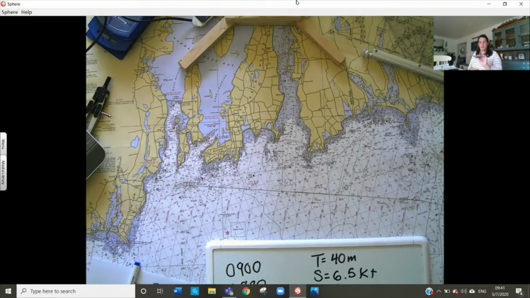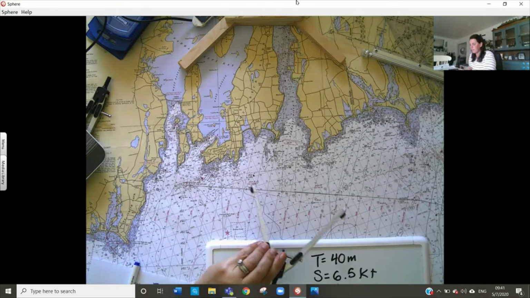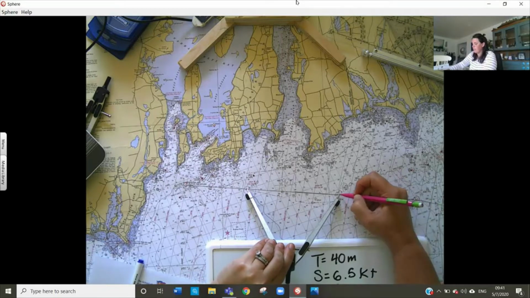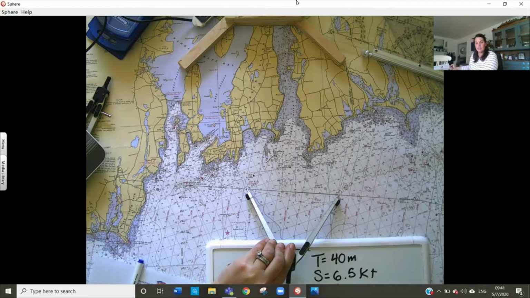Alright, so I have 6.5 on my dividers. I'm going to start at my 9 o'clock and go 6.5 and say that's where I'll be at 10 o'clock. That's my 10 o'clock DR position.